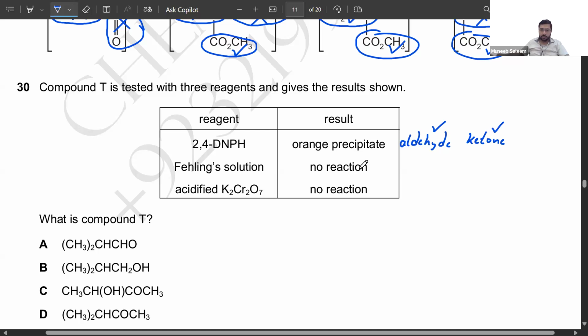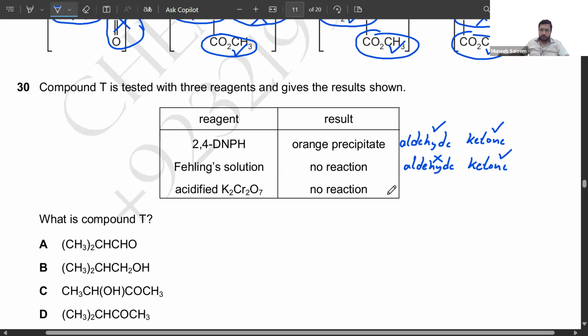Fehling's solution gives no reaction, which means that aldehyde is not there, because this test is given by aldehydes only. That means that a ketone could be there, because a ketone does not react with Fehling's solution.